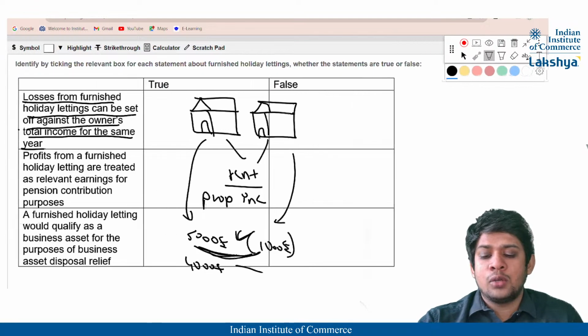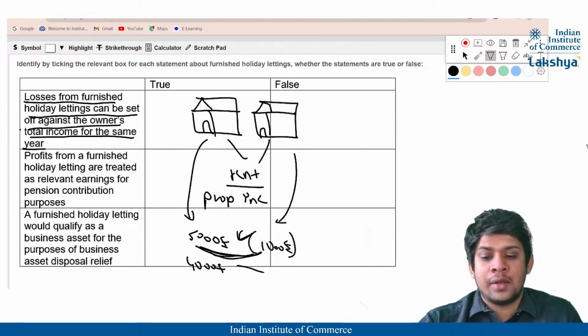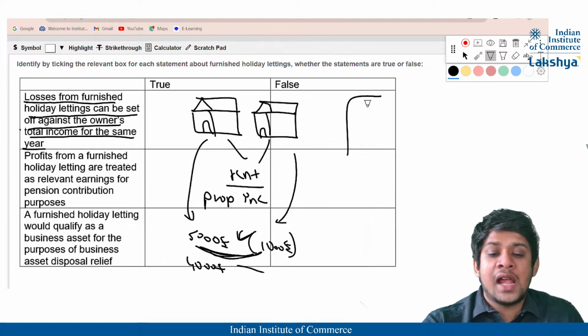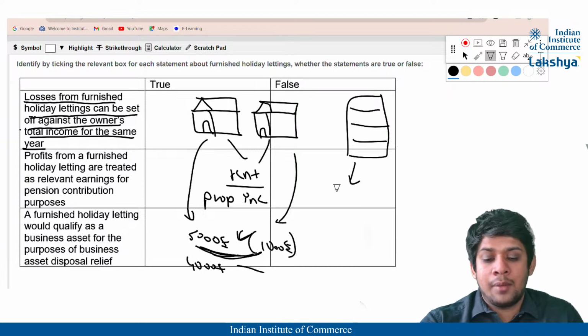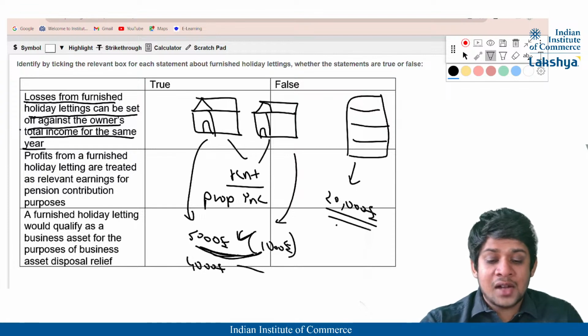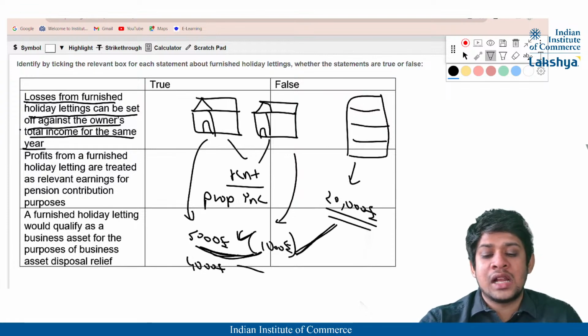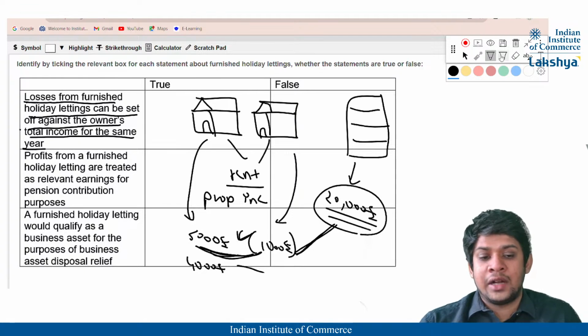So what did I do? I took both of these houses and took the aggregate of them. But if I have a hotel room also, from which I'm earning an income of £20,000, that will not be aggregated with this, because there are separate rules for the business that I'm letting out.